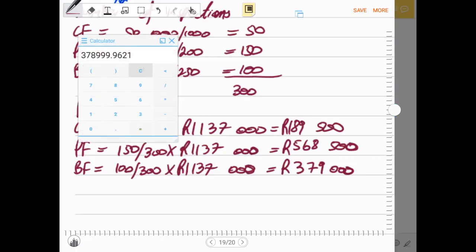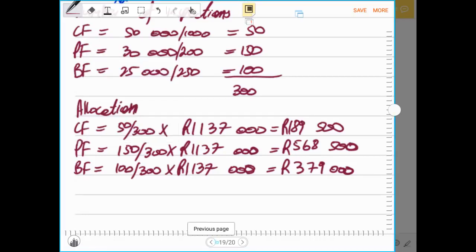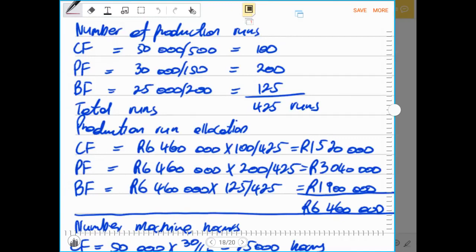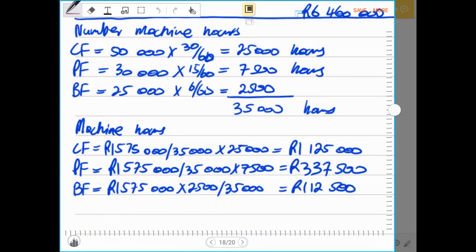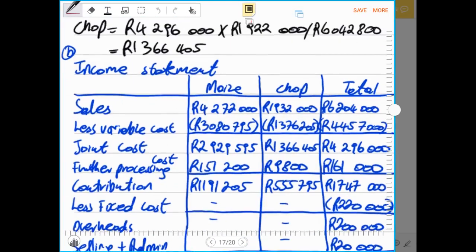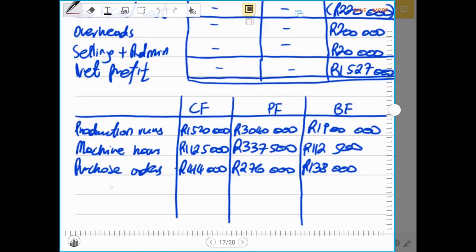So now this will be the final allocation. 189,500 is the first one, which is quality inspection.